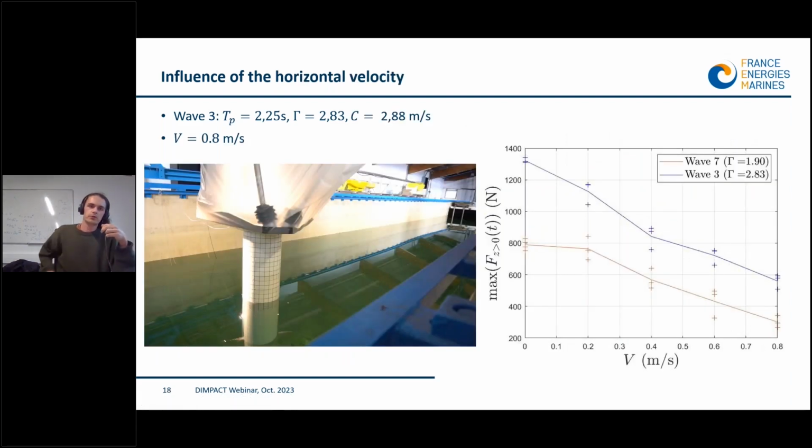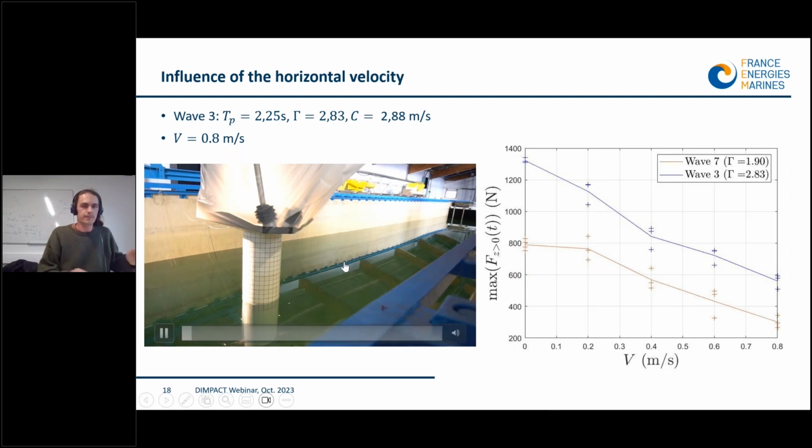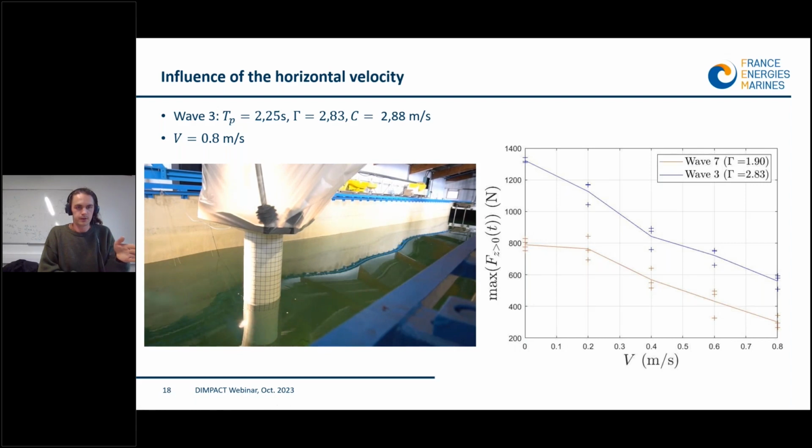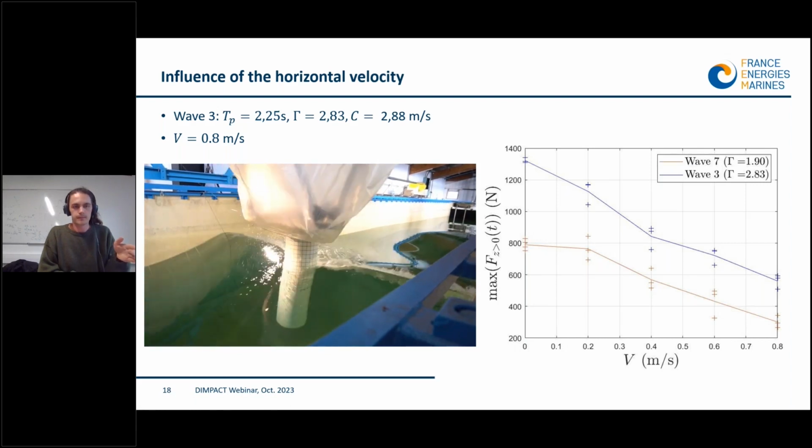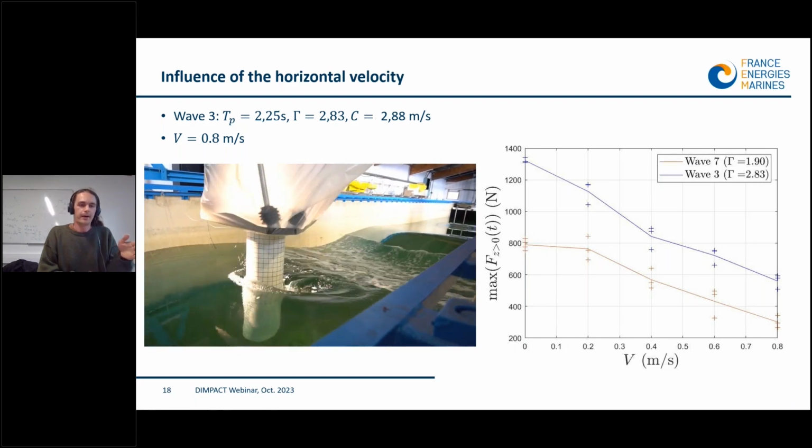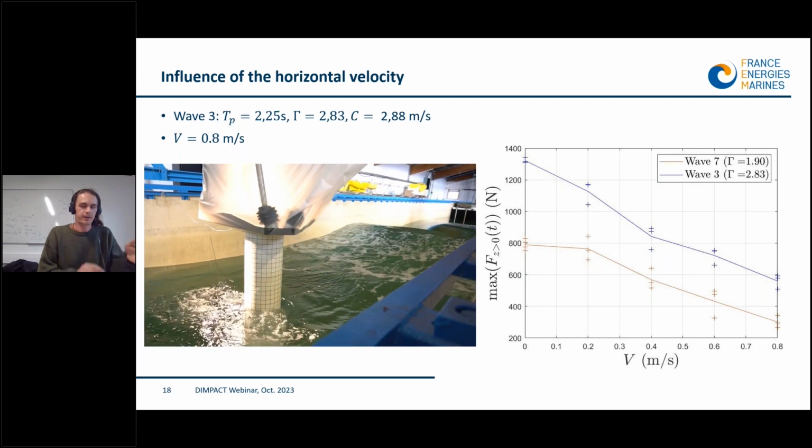Now let us move to the influence of the horizontal velocity. We carried out breaking wave impacts on a moving mockup. As explained by Christophe in the previous presentation, the structure is more likely to be moving in the wave direction during breaking wave impact.